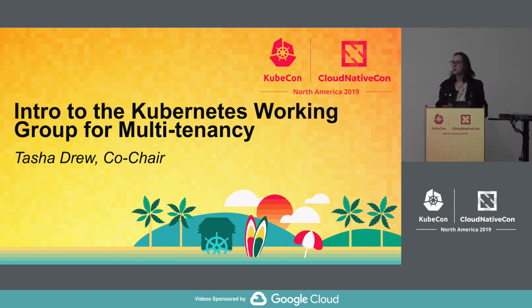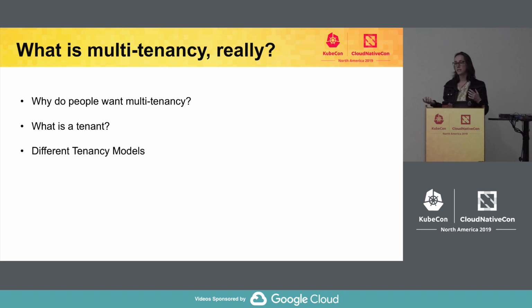Just to give a quick overview, this is the multi-tenancy working group for Kubernetes. Some of the questions we seek to identify as a working group are: why do people want multi-tenancy? What do they want out of a multi-tenant control plane and data plane? What do they think of as a tenant?